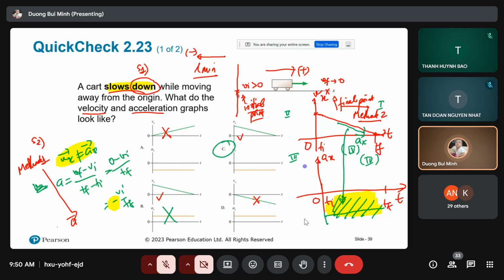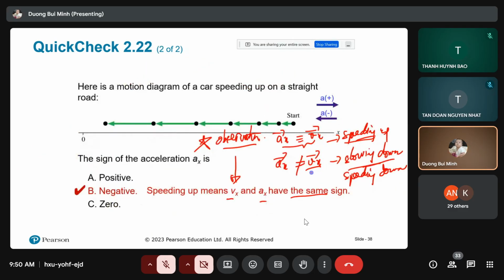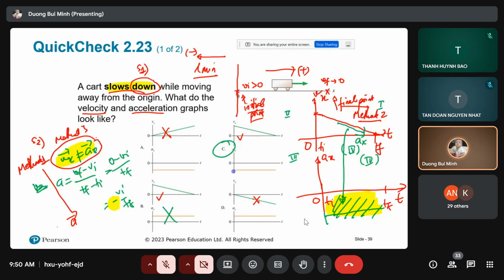Let me see, do we have any other methods to determine the acceleration? This is method 3. If you understand this one, like the observation we discussed before, you can get the answers very quickly.